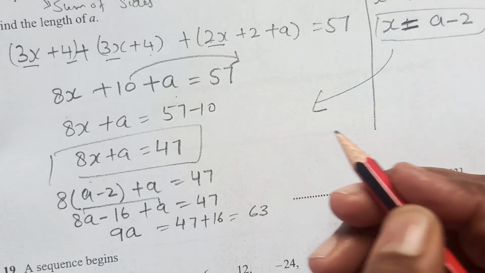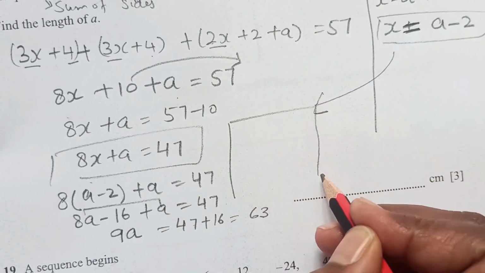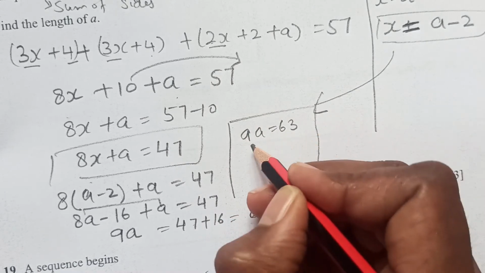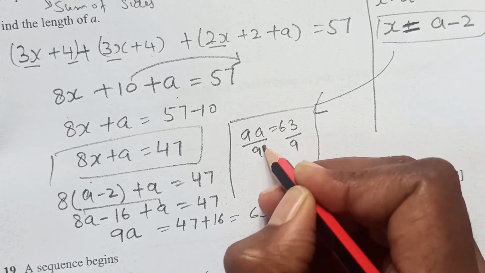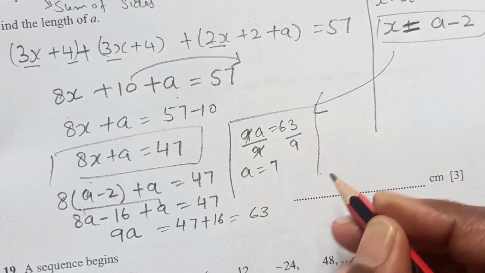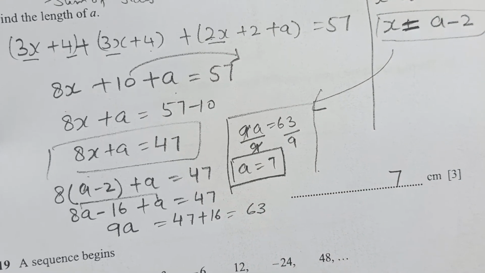So we can write down here, 9a equals to 63, divide by 9, divide by 9. So a is 9 times 7 is 63. So the value of a is 7, right?